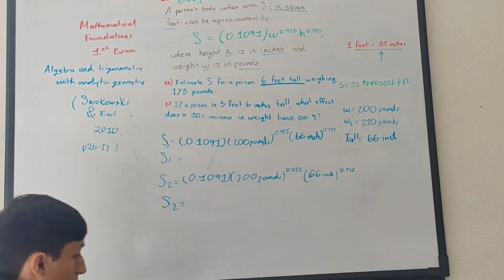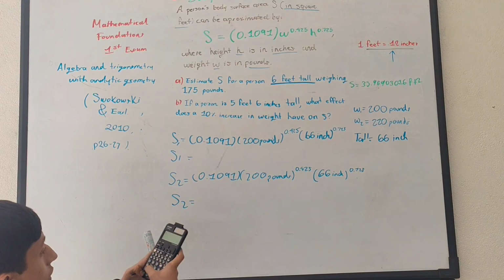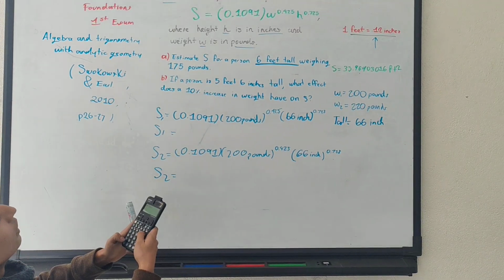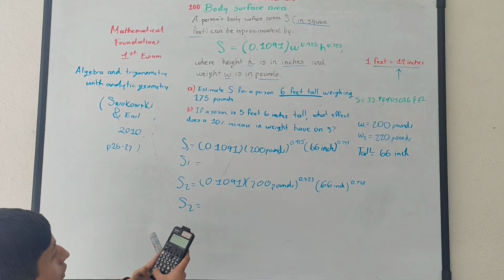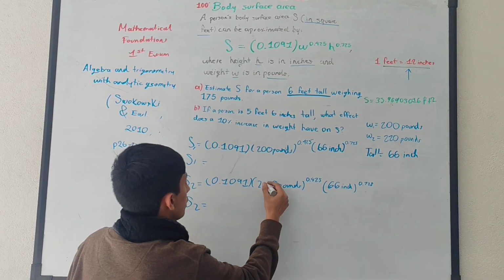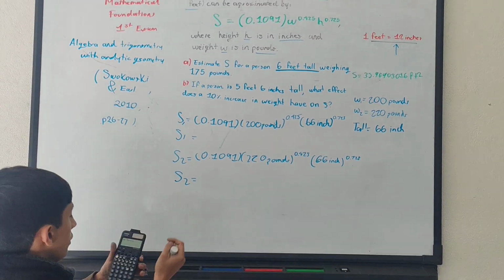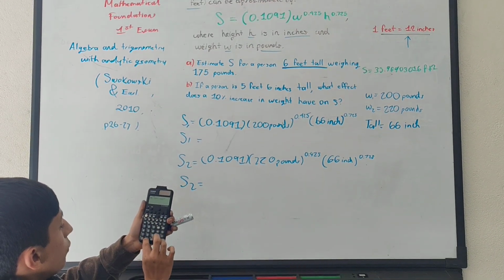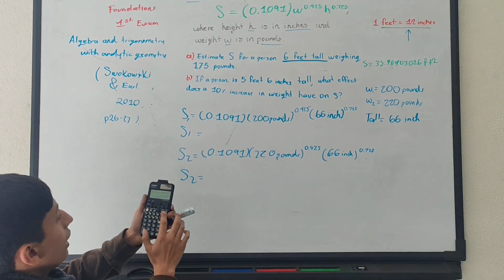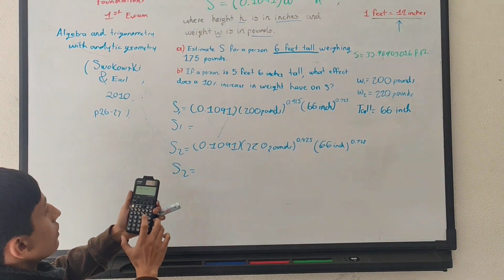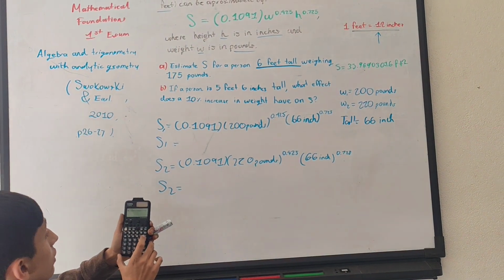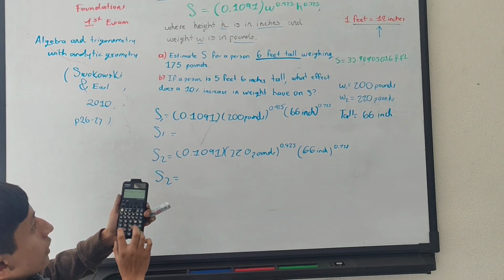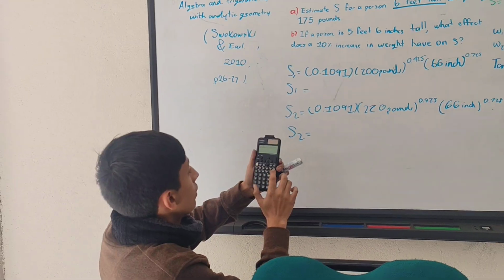Right here. So 0.1091 times 200. Oh no, my mistake. Right here is 220 pounds. Sorry, 200 pounds raised to the 0.425 power times 66 inches raised to the 0.725 power.